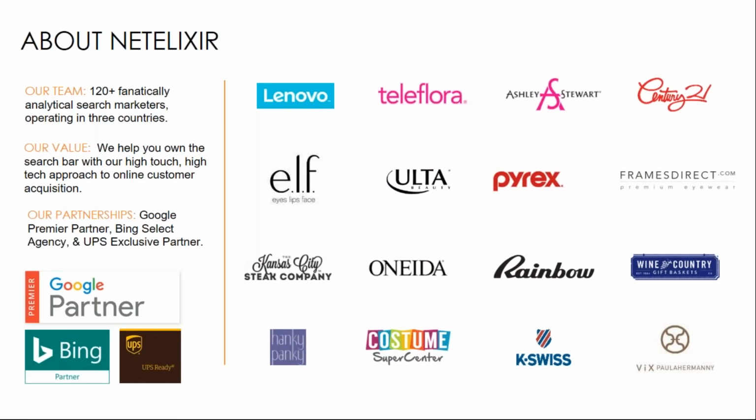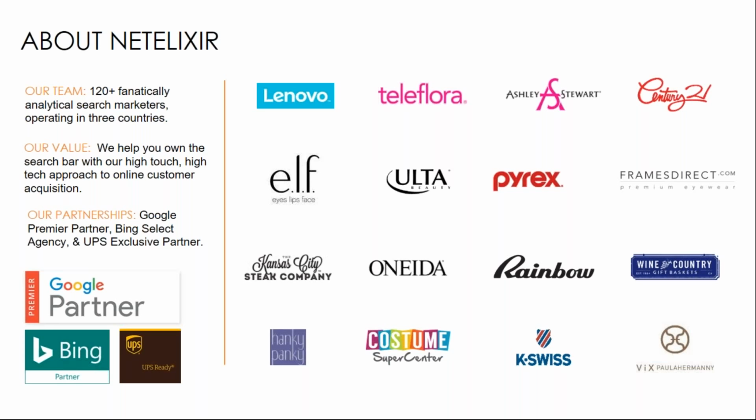Our team is composed of over 120 fanatically analytical search marketers operating in 3 countries across the globe. And our value is that we help you own the search bar. So no matter where your customers are searching, whether it's Google, Amazon, Facebook, or any other sites that show up in the future, our goal is to always help you own all of those search bars so that customers can find you more easily.